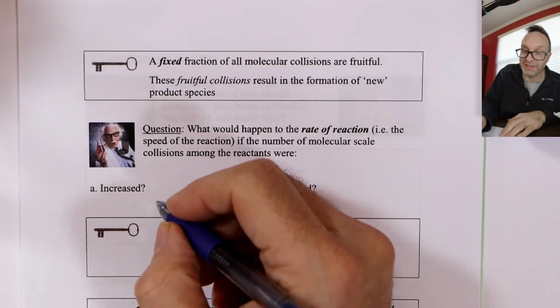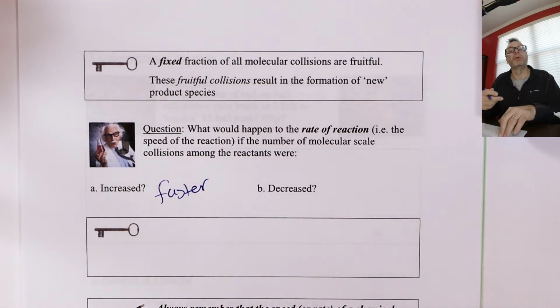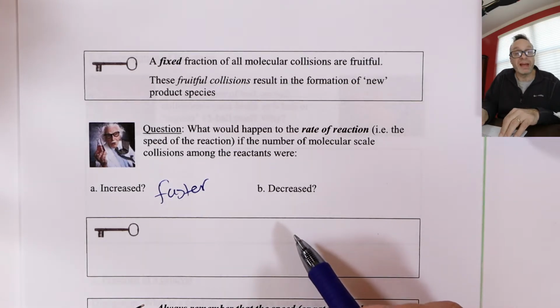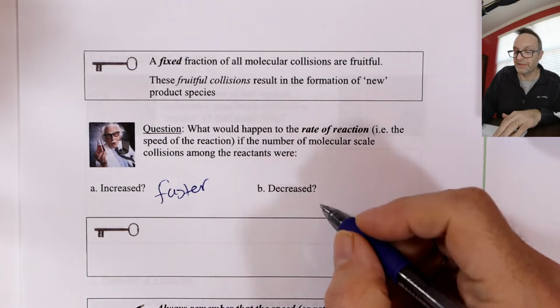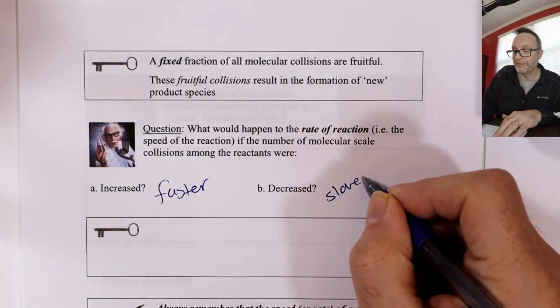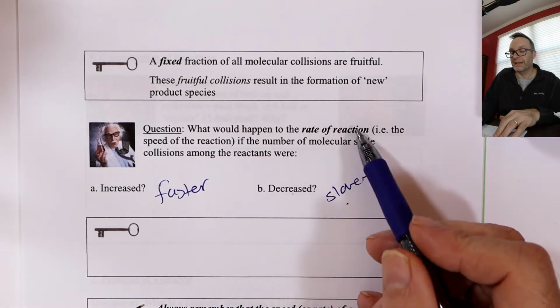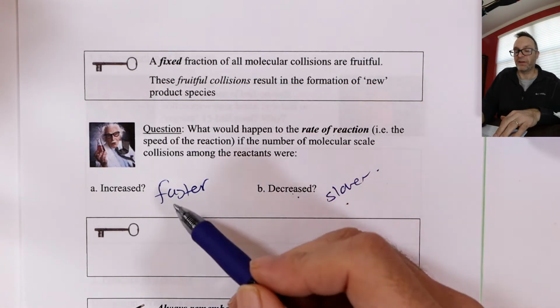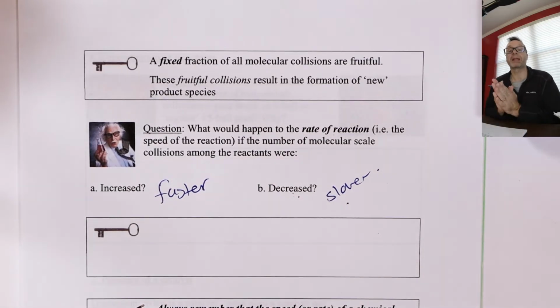Faster. More collisions per second, more fruitful collisions per second, more product per second. If you slowed the molecules down, less collisions per second, slower. So slower rate of reaction if the number of collisions is decreased, faster rate of reaction if the number of collisions is increased. And that's the basic microscopic fact I want to keep in your head.